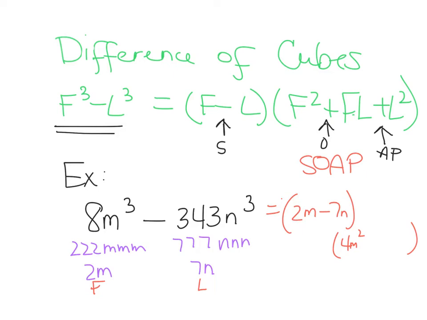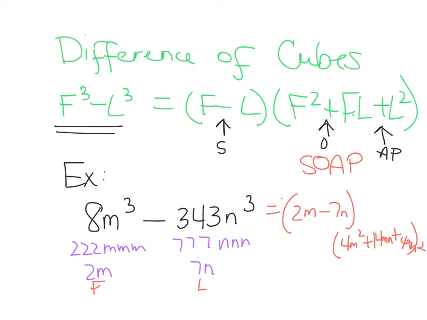Opposite, so the original problem was minus, so now my sign for opposite is going to be plus. First times last term, 2m times 7n is 14mn. And then plus the last squared, always positive. So plus 7n squared is 49n squared. I think I squeezed that in there, okay? All right, so that's the difference of cubes.